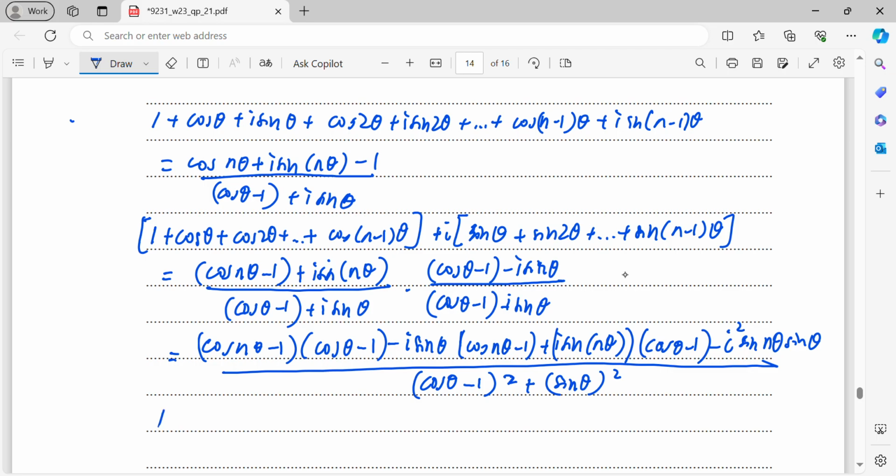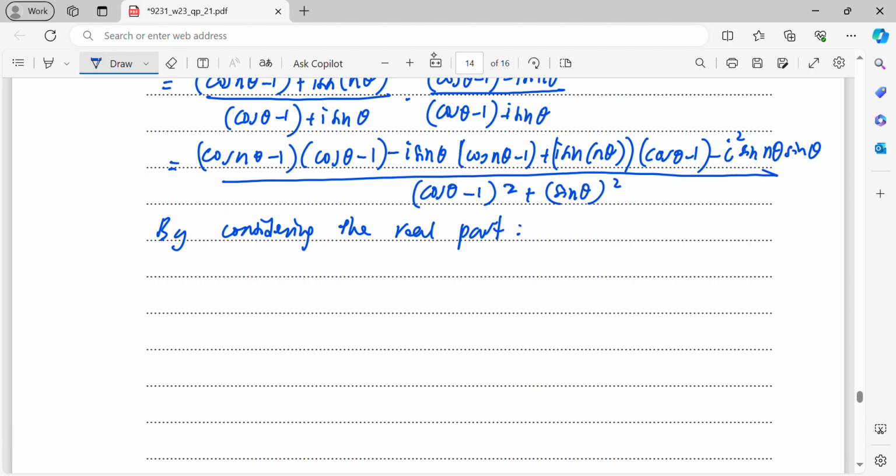So by considering the real part, my real part on the left hand side is basically 1 plus cos theta plus cos 2 theta until cos n minus 1 theta.